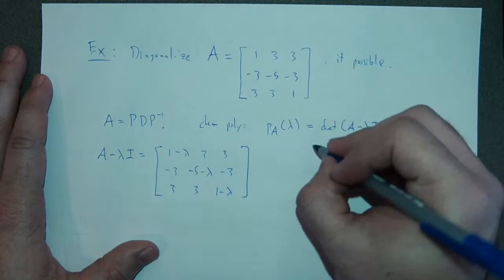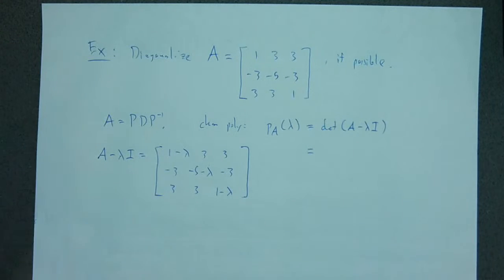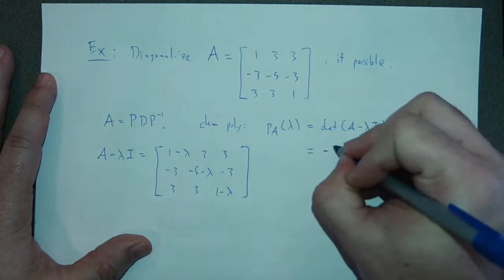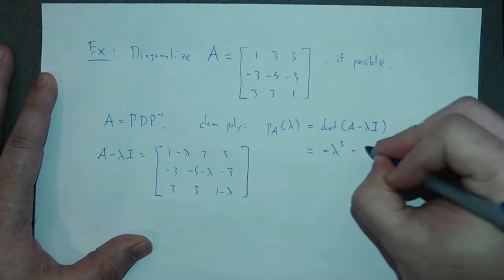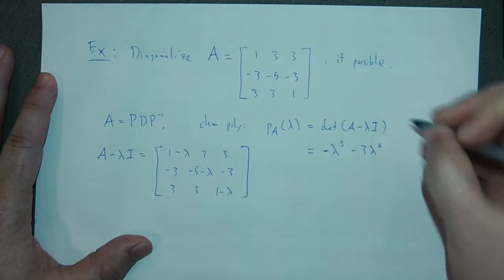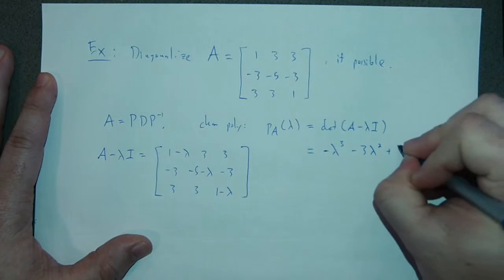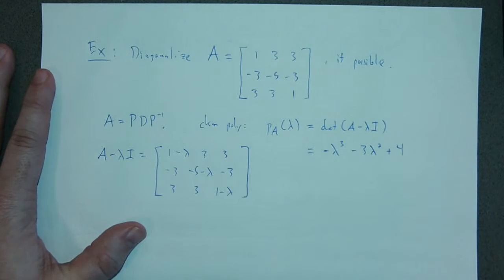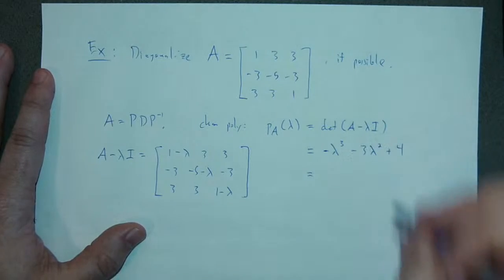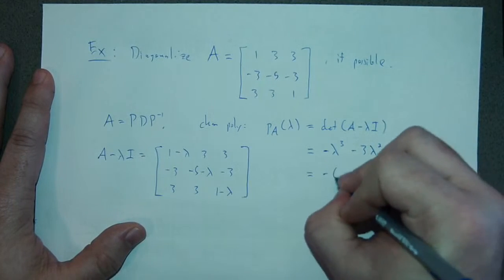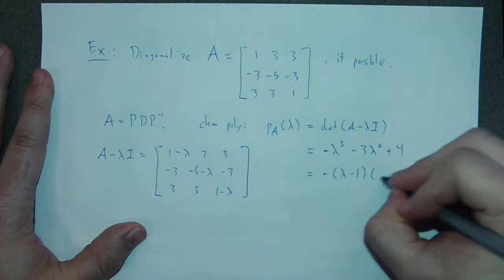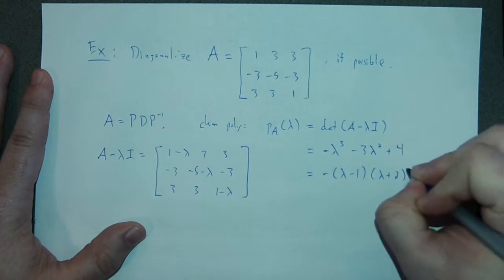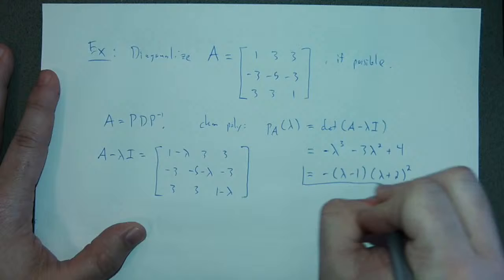It turns out that if you compute this determinant, you're going to get minus lambda cubed minus 3 lambda squared plus 4, which does factor. It's a cubic that does factor. This is minus lambda minus 1 times lambda plus 2 squared.